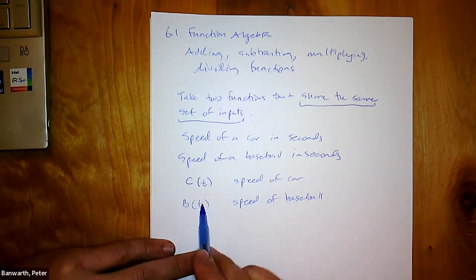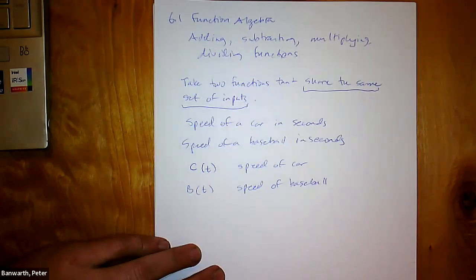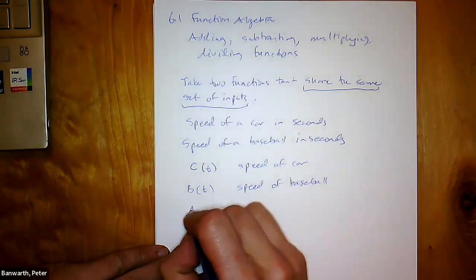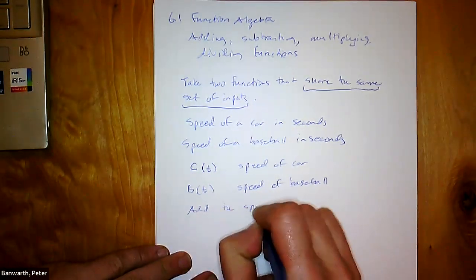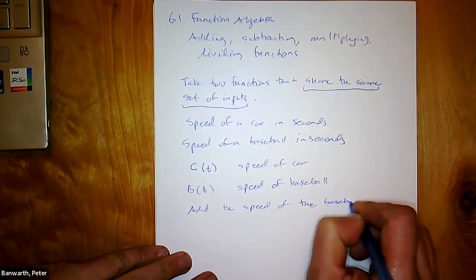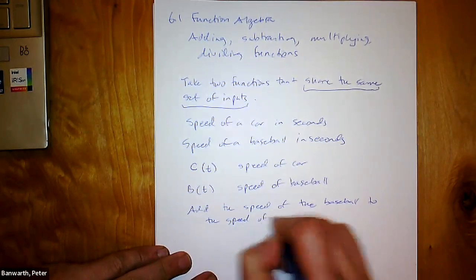All right, since they both use t as the input, I can do a bunch of different things with these functions. I could add them. So add the speed of the baseball to the speed of the car.